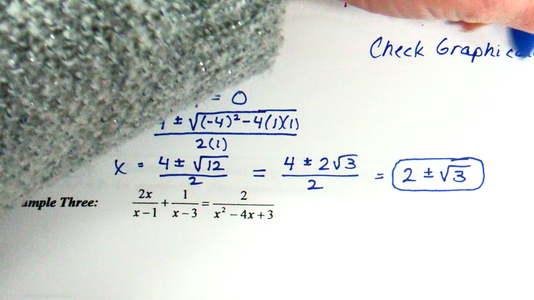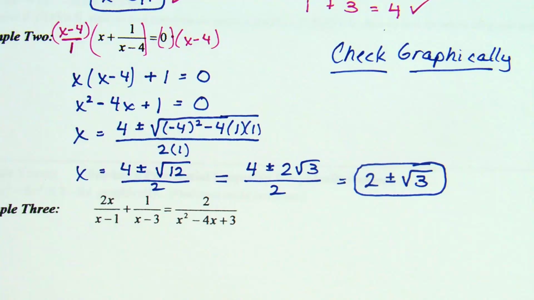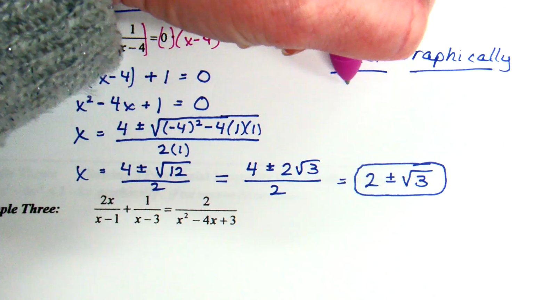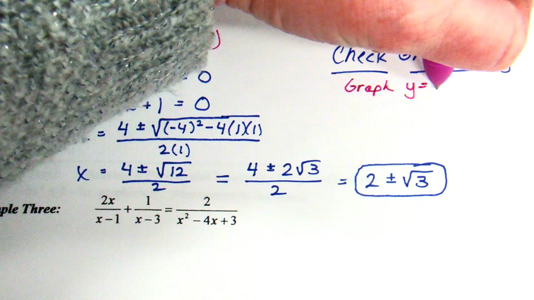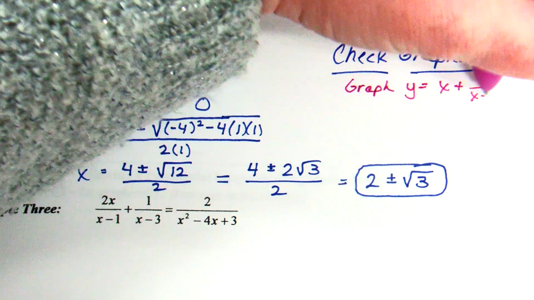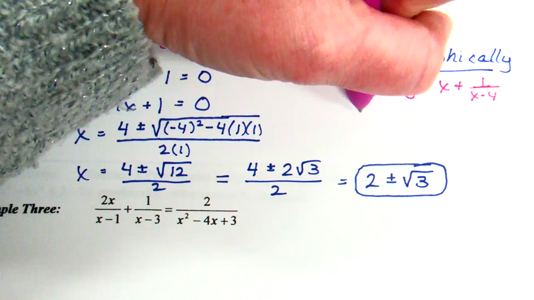So first thing, when we graph this, notice my equations start off being equal to 0, didn't they? So when we graph that, basically you're just going to do y equals the original equation. And then graph it. So we're going to graph y equals x plus 1 over x minus 4. After you graph it, you're going to want to look for your zeros.